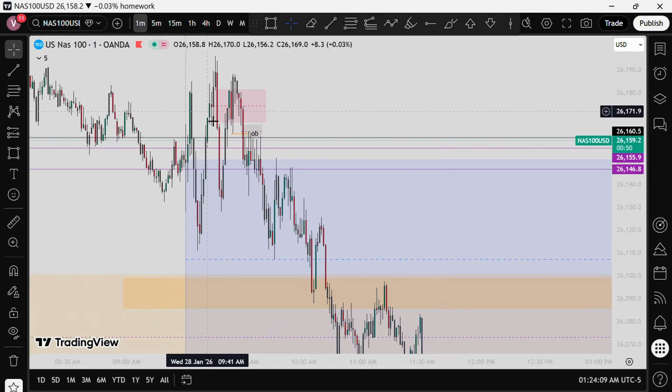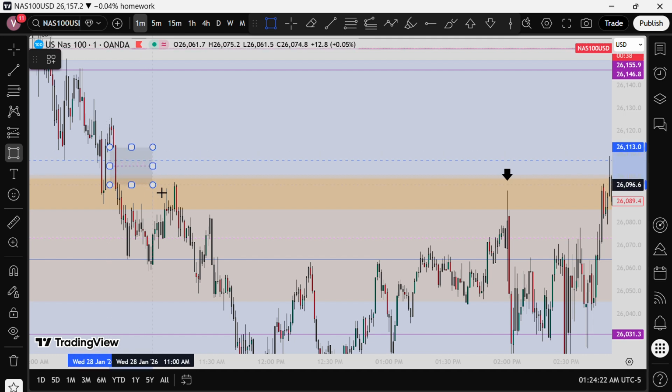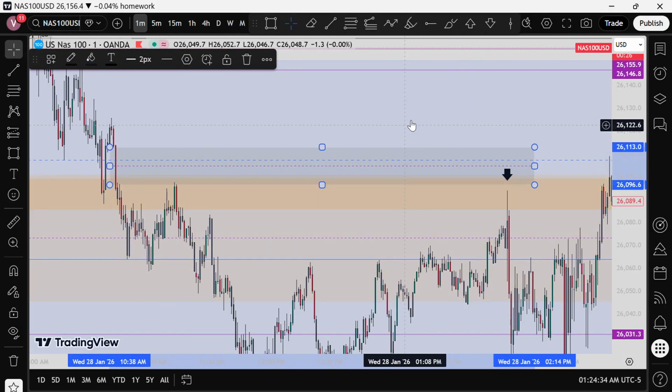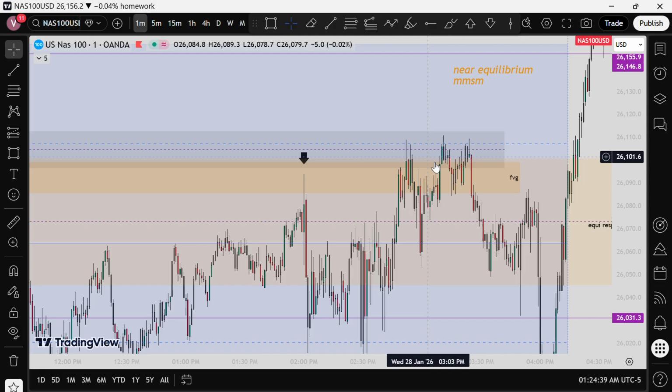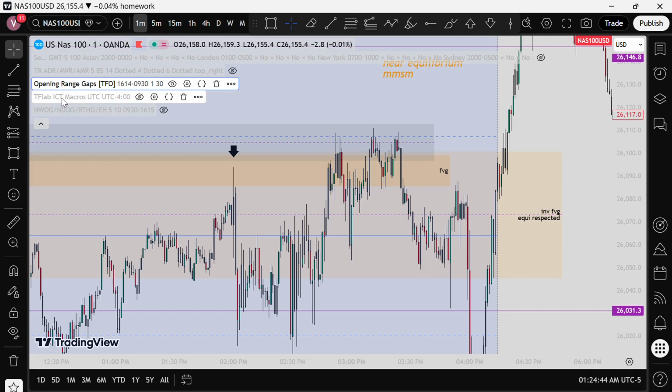You can also see here post 9:30 there was no good fair value gap formed, but then here you can find this one fair value gap, which is also overlapping with the opening range gap quadrant level. We extend that forward, and in there you'll find price at, let's turn on macros.